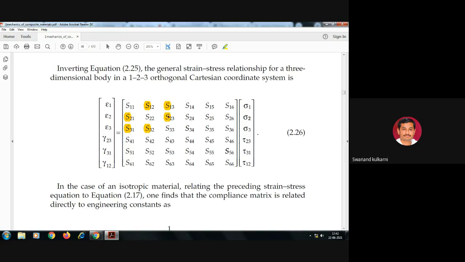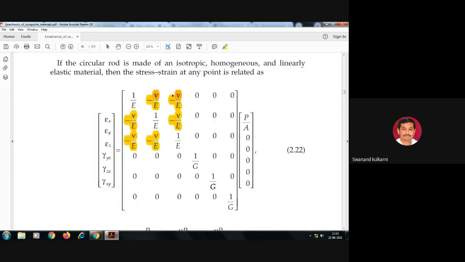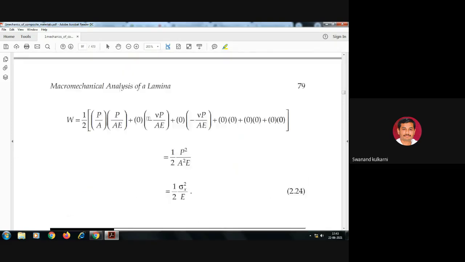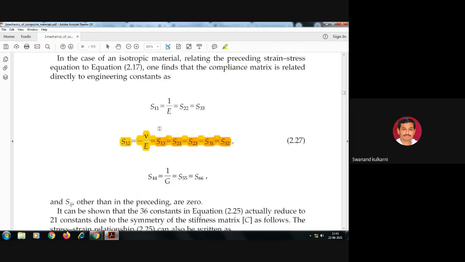If we compare with our equation which we have derived here, then we will come to know how these elements are identified, how these are calculated. So as far as concerned with S11, S22 and S33, the answer will be 1 upon E. And as far as concerned with S12, S13, S21, S23, S31, S32, the answer will be minus mu upon E.